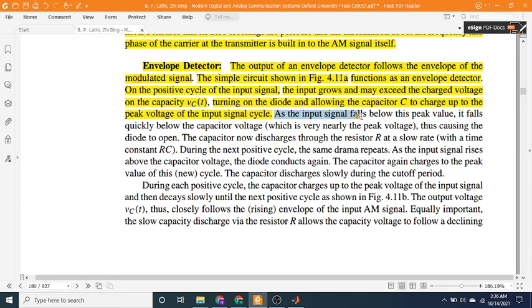As the input signal falls below this peak value, it falls quickly below the capacitor voltage, which is very nearly the peak voltage, thus causing the diode to open. The capacitor now discharges through the resistor R at a slow rate, with a time constant RC.